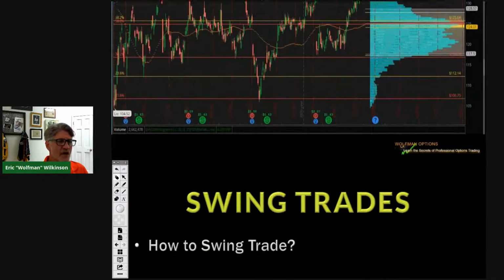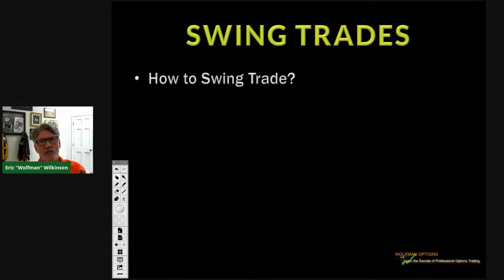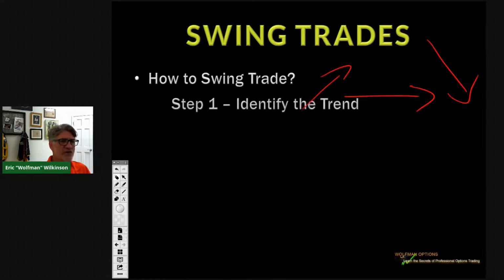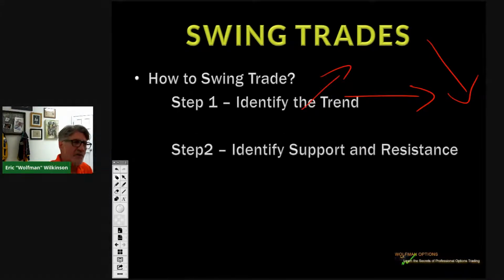All right. So when we're trading around a swing trade, what is the first thing we need to do, folks? The very first thing you need to do at looking at a swing trade. That's right, the trend, overall trend, bullish, market neutral, bearish, all right? The next thing that we want to do is look for our support and resistance.